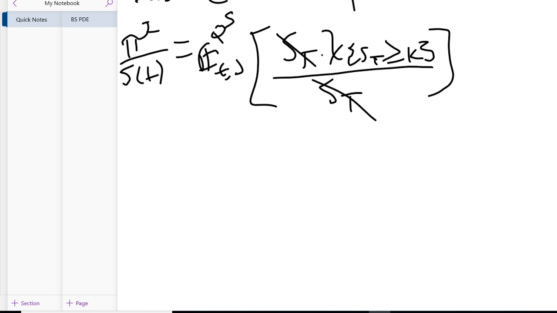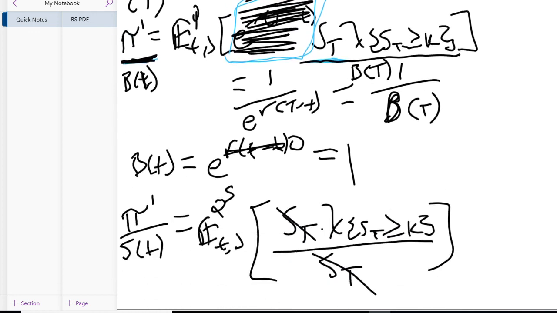Getting that S(T), that random variable, out of the expectation is fantastic. Now, big problem here: we have moved on to pi 1. What am I doing? I didn't make that mistake in the other test, did I? I did, okay.